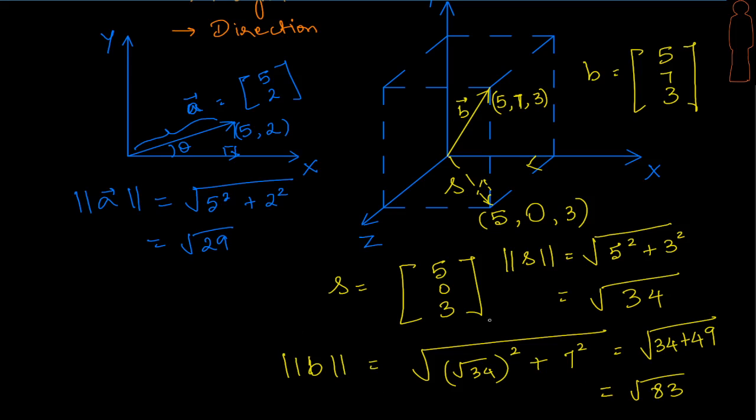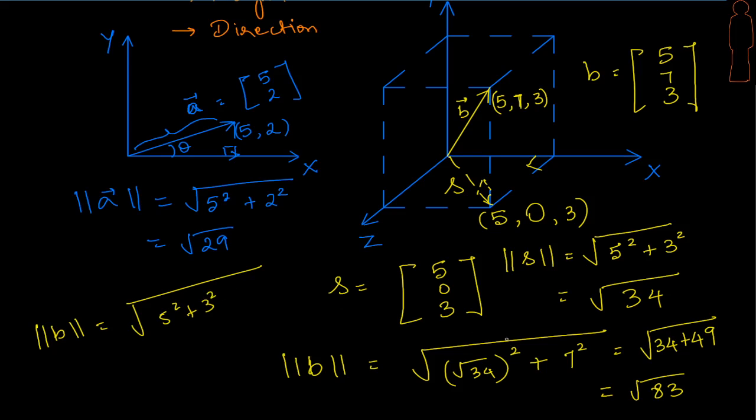So let's look at one interesting fact here. What has happened is we had a 5 square and 3 square, which is these 2 dimensions, and after that we have squared that and then again taken 7 square. Effectively looking at all these things, what could we actually write? We could write that the modulus of the magnitude of B vector is actually root of 5 square plus 3 square.